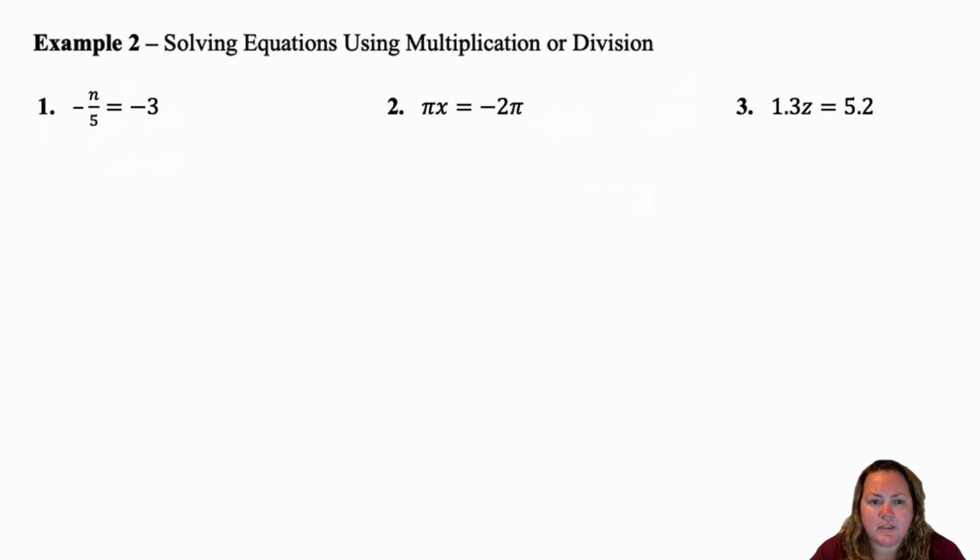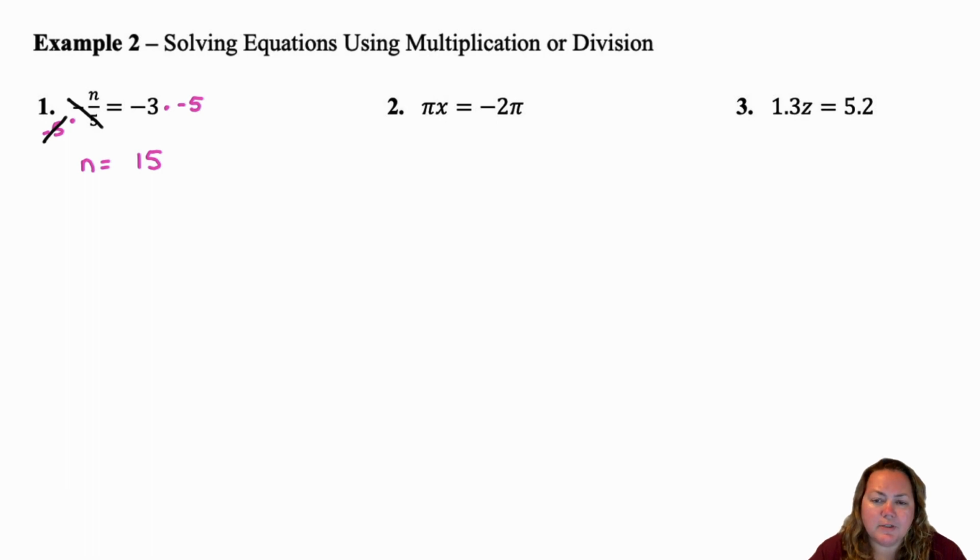I need to get rid of divide by negative 5. The inverse is multiply, so I'm going to multiply both sides by negative 5. Negative 5 divided by negative 5 becomes 1, so it divides out, and I get n equals negative 3 times negative 5, and a negative times a negative becomes a positive, so I get positive 15.